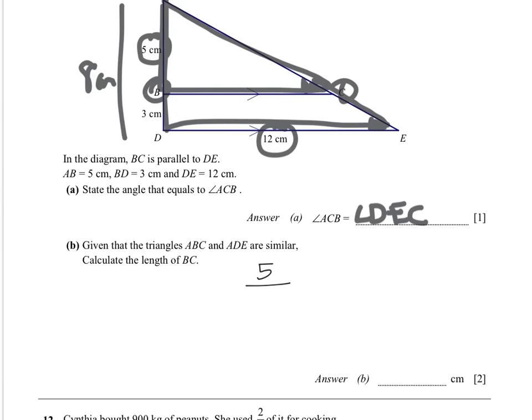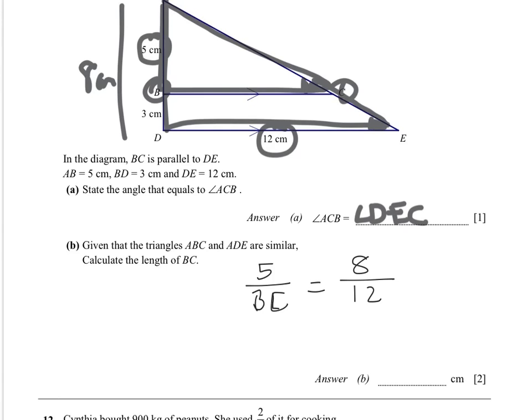Height over 8... Height over the base, which is BC, and the height of the bigger triangle, which is over the base 12. Remember, you must take the full height and not just take the 3 cm.